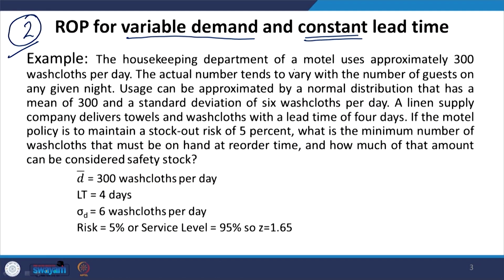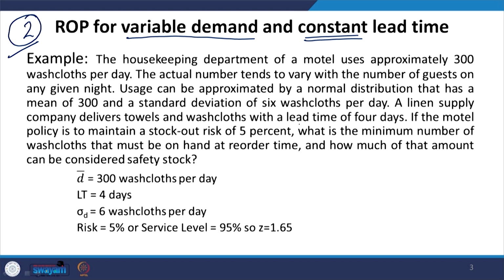Now, in this question if you read the data, the housekeeping department of a motel uses approximately 300 washcloths per day. The actual number tends to vary with the number of guests on any given night. Uses can be approximated by a normal distribution that has a mean of 300 and a standard deviation of 6 units per day. A linen supply company delivers towels and washcloths with a lead time of 4 days.